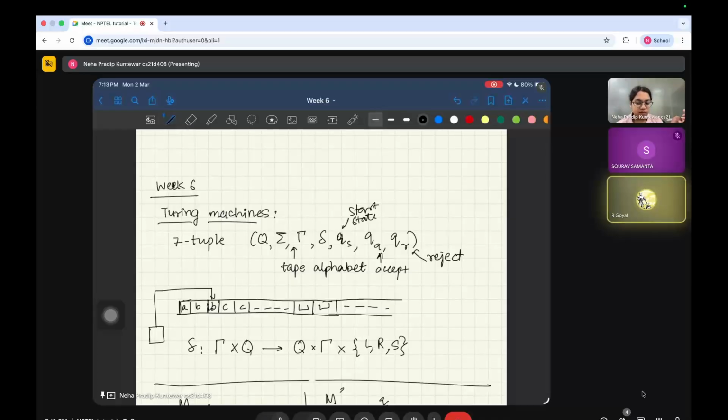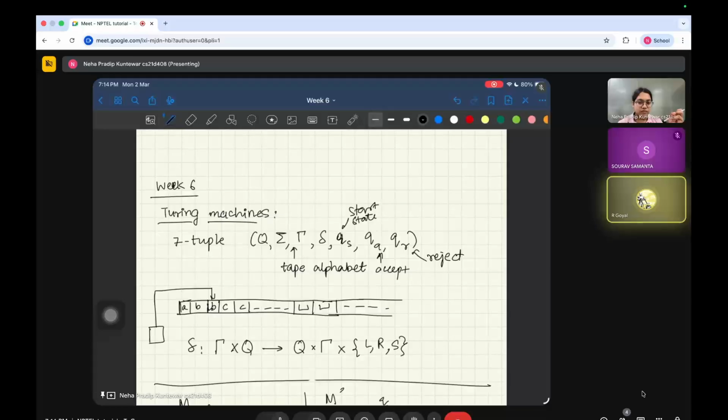So in that case, the Turing machine may enter into a loop as well. That is possible because of the left and the right movement. No, but by definition, what we said is if you ever touch a QA, an accept state, then you have to accept, and if you touch a QR state, then you have to reject. Oh, I see.